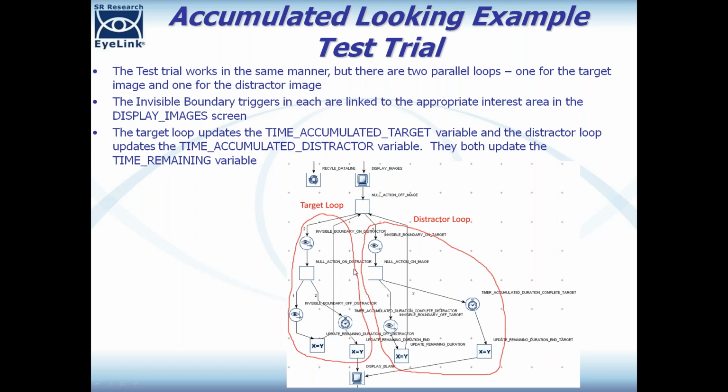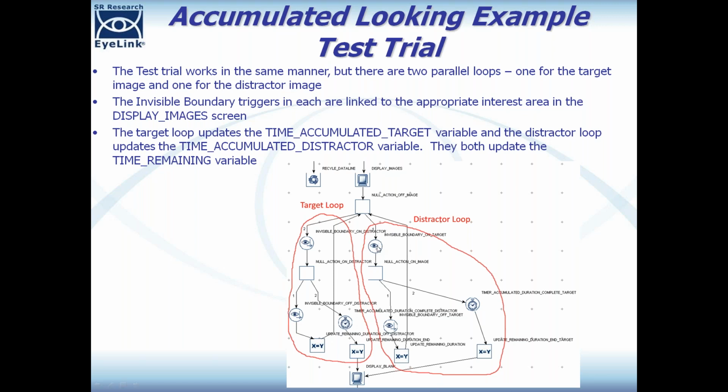You can see here's one loop, which goes back up to the same off image. When they get to the off image, they can either look at the target or look at the distractor. When they're looking at the target, they can either leave the target, at which point we go back to off image, or the time remaining can be accumulated in its final round, and then we can end the trial. And the same thing for the distractor loop.